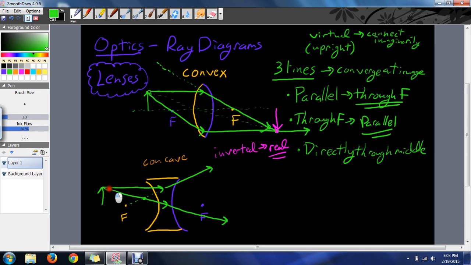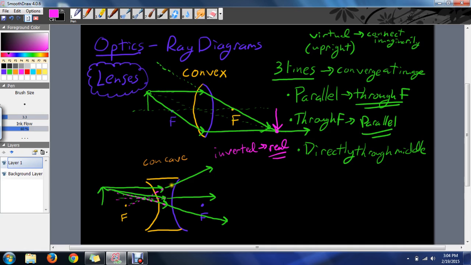Notice how if we did draw the line through the focus here, it would go out parallel. And we could imaginarily draw it back there. I should have made this line a dotted line. Maybe I'll show the dotted lines of imaginary connection in pink.